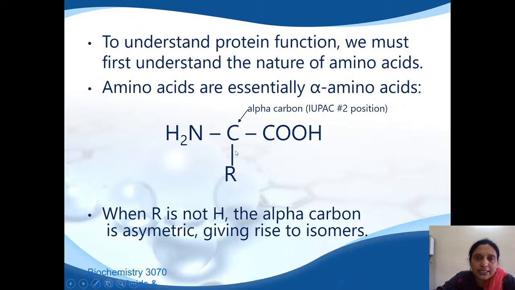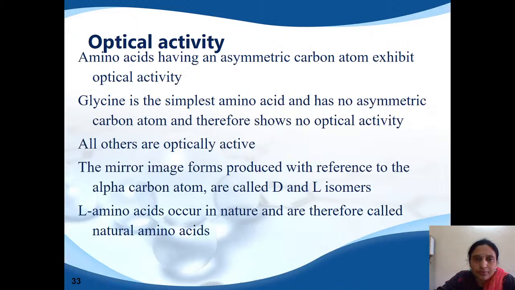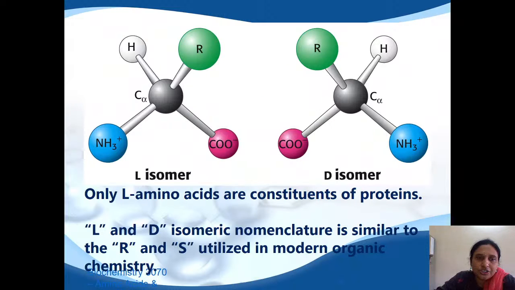Regarding optical activity, amino acids which have an asymmetric carbon atom exhibit optical activity, and glycine has no asymmetric carbon, so no optical activity, and all other amino acids are optically active. These optically active forms are the D and L isomers. I'll show you the picture. So this is the D and L isomers.